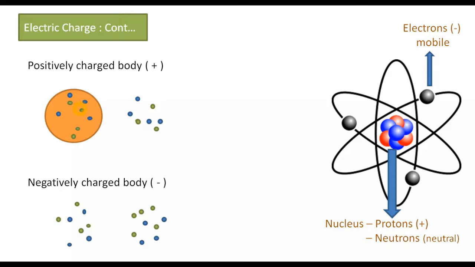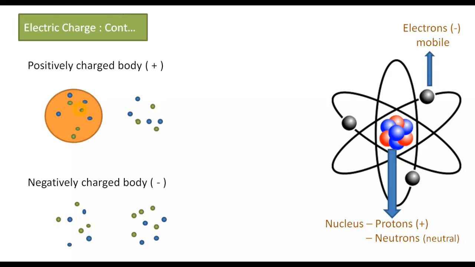So when a body is said to be neutral, that means there are equal number of protons and equal number of electrons. Suppose an object has 10 protons, 10 positive charge, then it will also have 10 negative charge, 10 electrons. That is what happens in normal conditions.